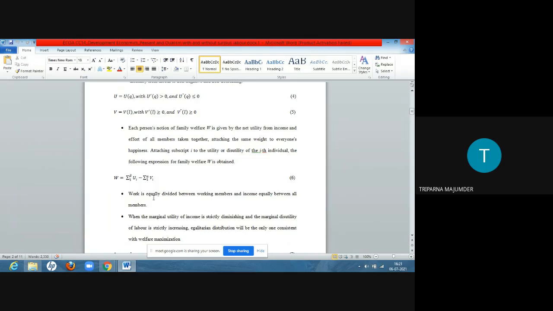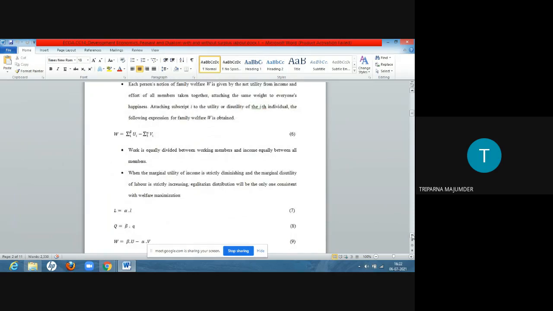Now, this is our assumption that work is equally divided between working members and income equally between all members. That is, it is not that the people who work get a higher share of income and people who do not work get a lower share of income. No. Work is equally divided between working members, and income is also equally divided between all members.